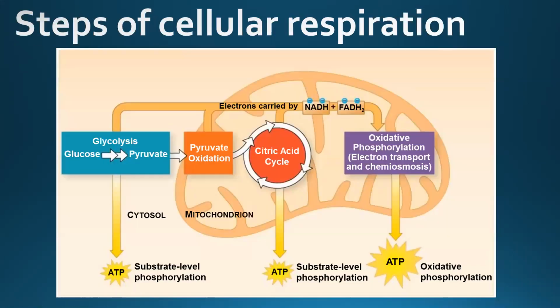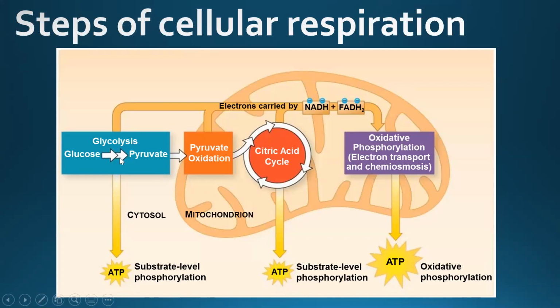All right, so we're going to go over the steps of cellular respiration, okay? So I like to give an overview of the entire process so that when we finish, you can come back to this diagram, which looks like a lot right now, okay?